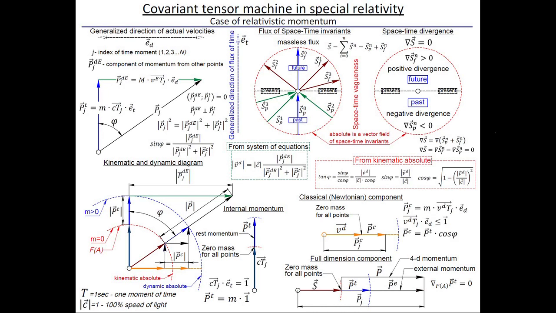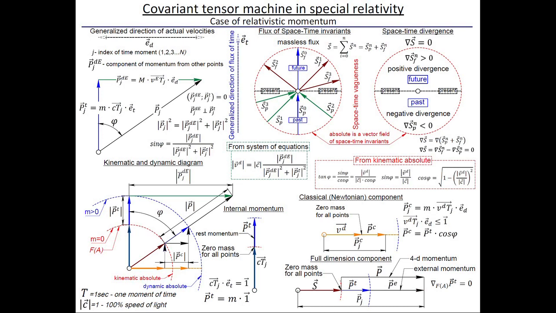In that way, mass separates from velocity as components in the momentum vector. For that reason, inertial mass becomes partly a vector quantity. Based on it, a point has two absolutes. The first absolute I give the name kinematic absolute.